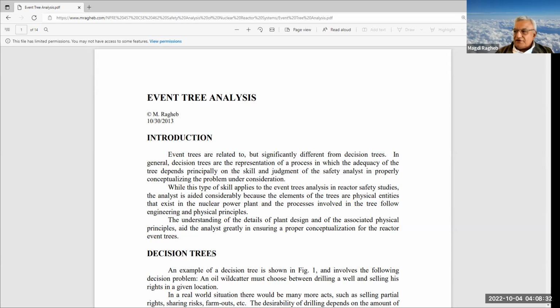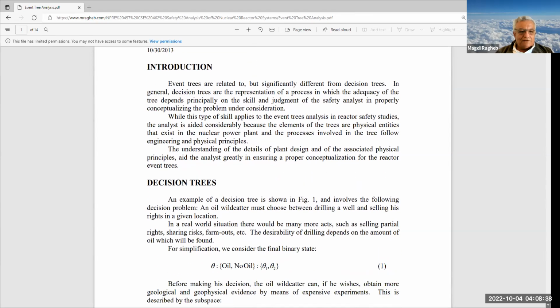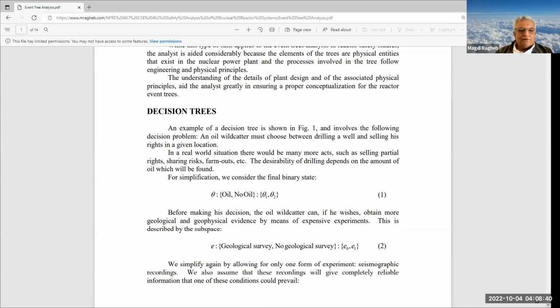With an understanding of any plant design and the associated physical principles, the analyst is helped to ensure a proper conceptualization for any system event tree, not necessarily just a nuclear reactor event tree.